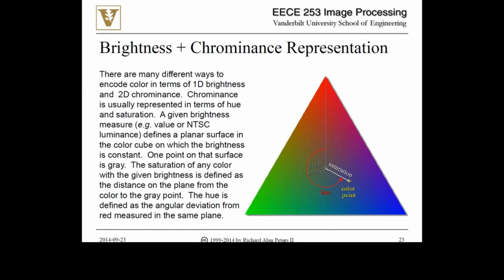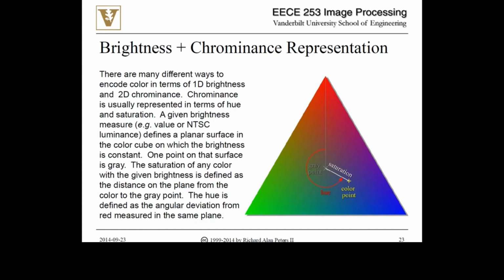Your color is defined by how far you are from the gray point, and we will call that the saturation. The farther you are, the more saturated you are. The other one is the angle between two vectors: the vector that goes from the gray point to the reddest point in the triangle, and the vector to your color. The angle has to be counterclockwise. That angle we will call the hue.